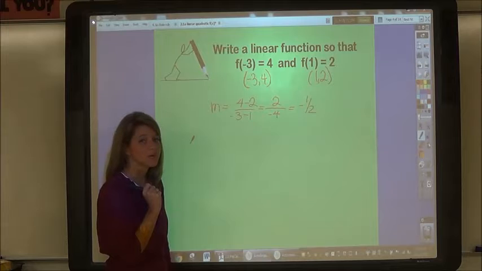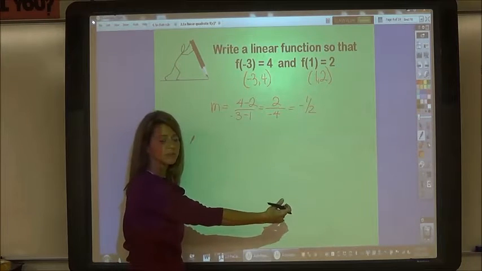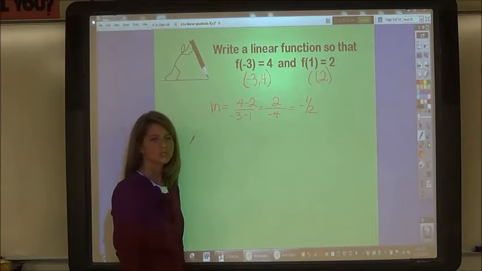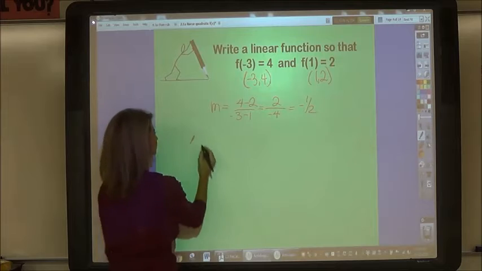If you're going to use y equals mx plus b, I'll work it over here. If you're doing point slope form, I'll do it on the right. Usually the question is, so how did you get that slope again? Remember, it's y minus y, and then over x minus x. Change in y over change in x.